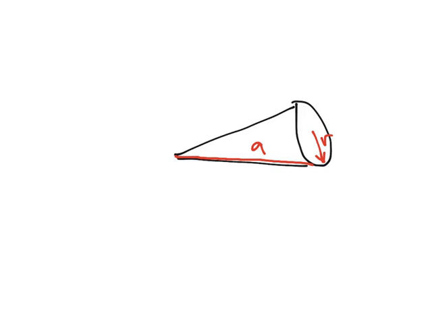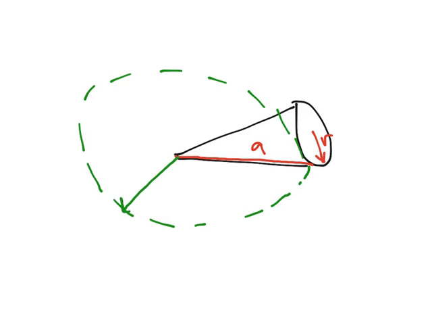Then we have a larger circle that we're going to make. So pretend this is a perfect circle, which it definitely is not. And this circle is going to have a radius a.